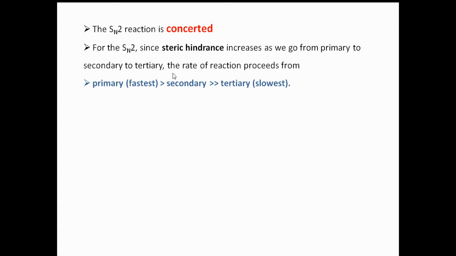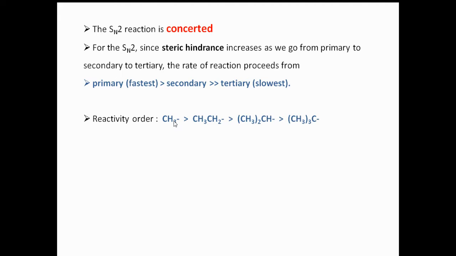Now if we take different types of alkyl halides, such as CH3, here it is alkyl group, we are taking it as methyl. This is ethyl, isopropyl, and tertiary butyl group. Now, what happens in these different types of alkyl groups?